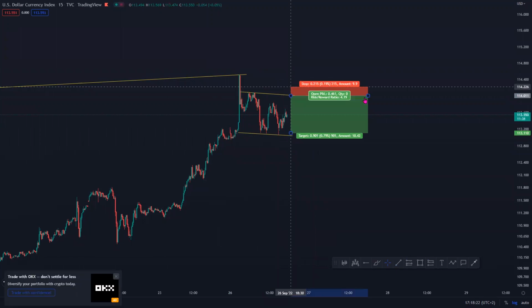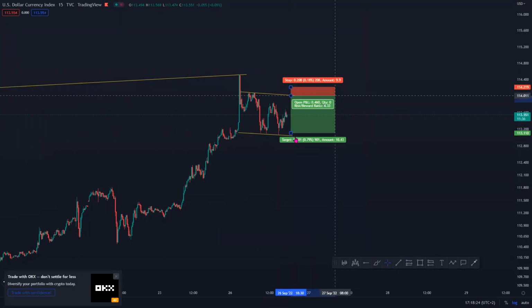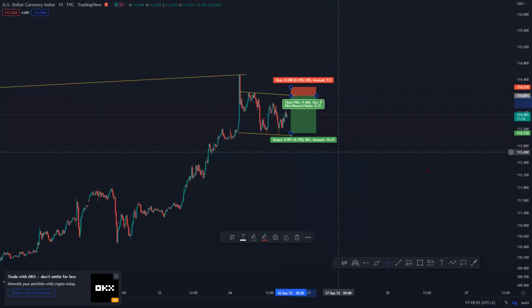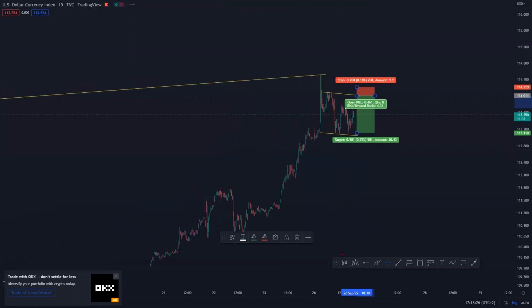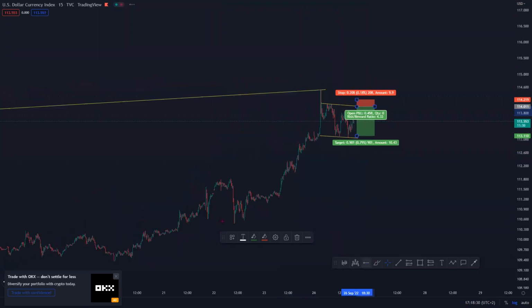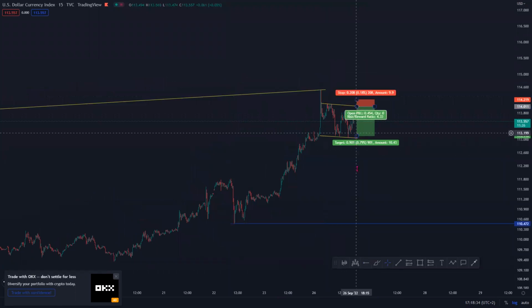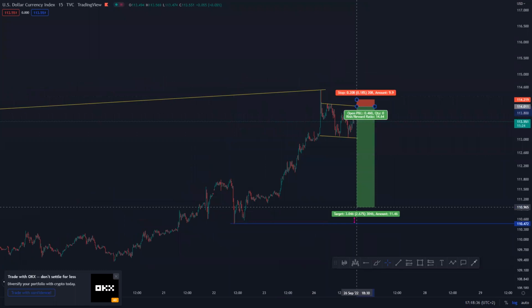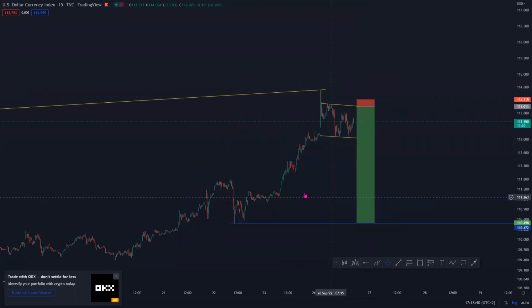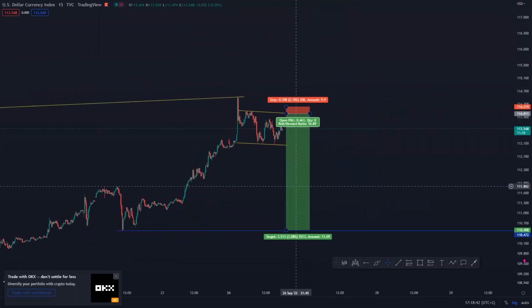This is our structure. The first low I see is this one, the current one. I expect the market this week to come and give me a short on this low.